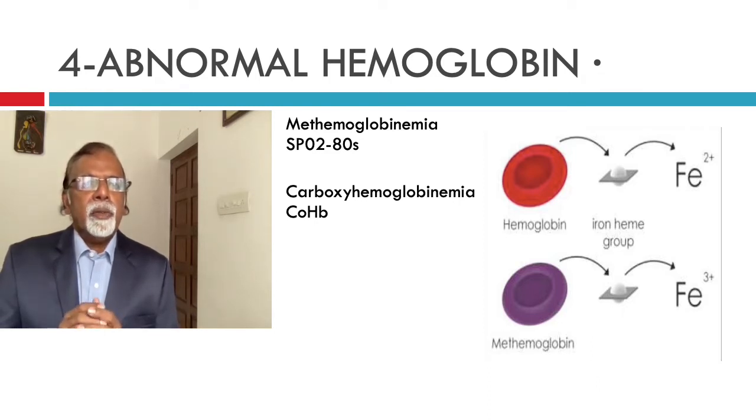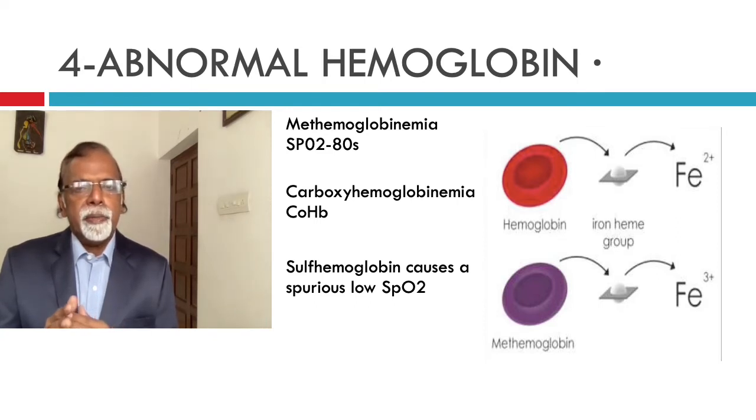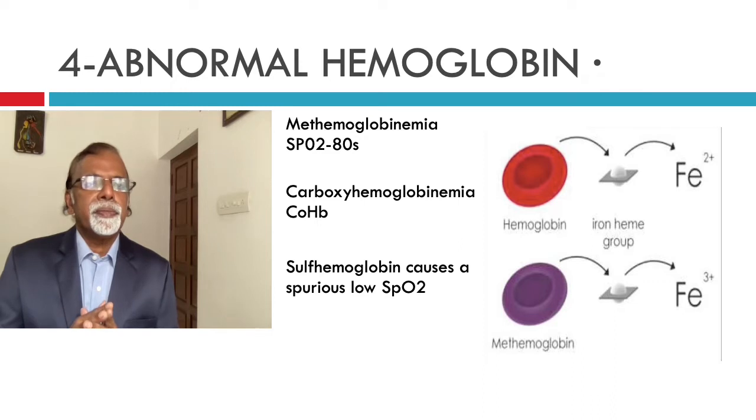Another is carboxyhemoglobin. This may give an elevated SpO2 in the range of 94 to 100%. So in patients with carbon monoxide poisoning, the reading can give a false sense of security.